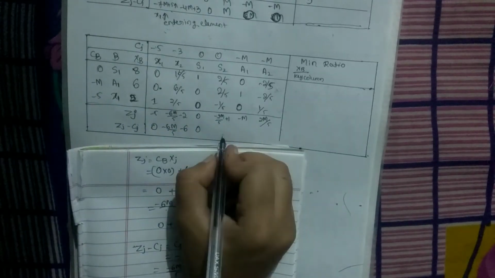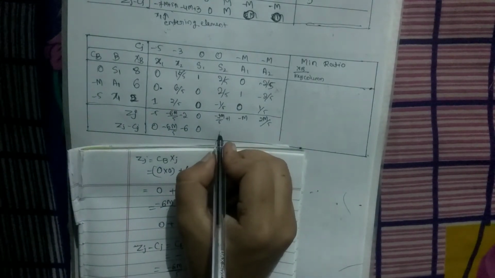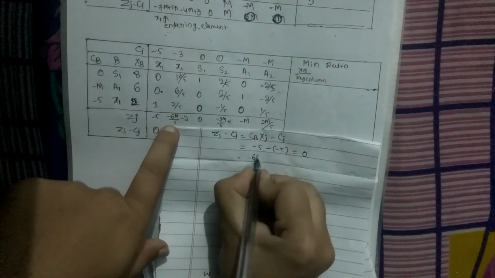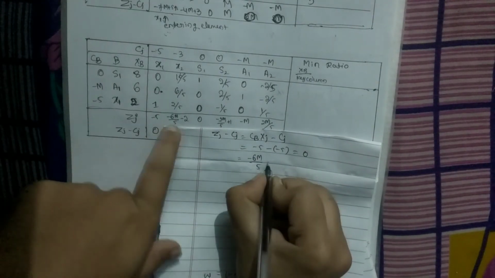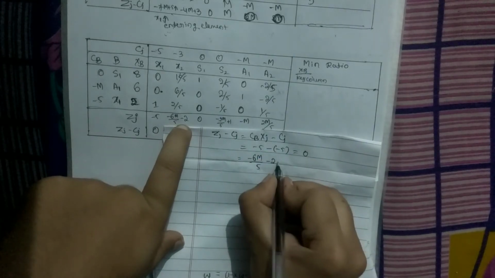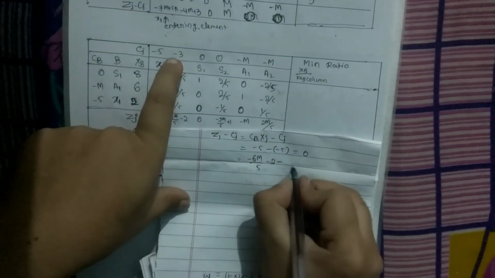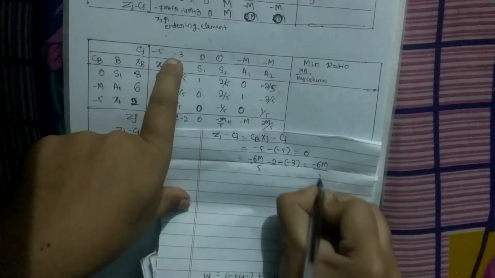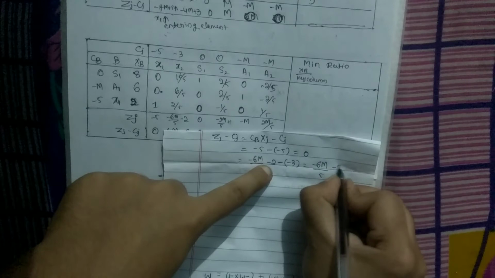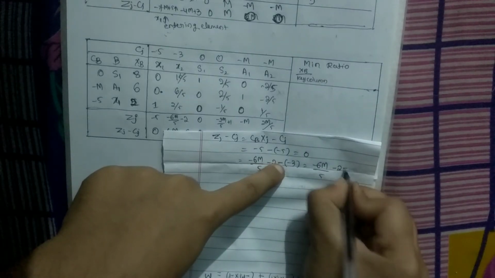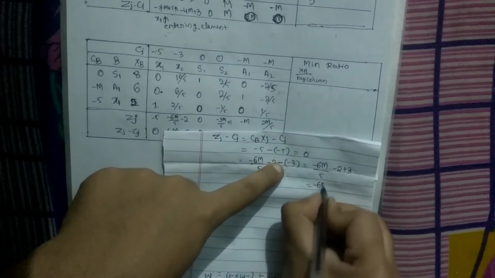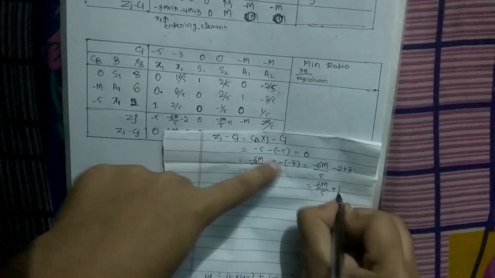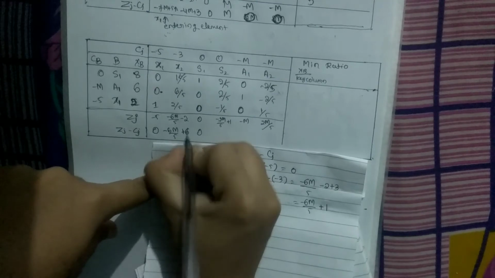Next also use same procedure. Here minus 6m divided by 5 minus 2, and here minus is there, minus, and Cj is minus 3, that is minus 6m divided by 5 minus 2 minus into minus plus 3, become minus 6m divided by 5 plus 1, that is plus 1.